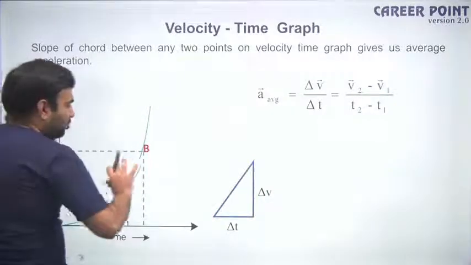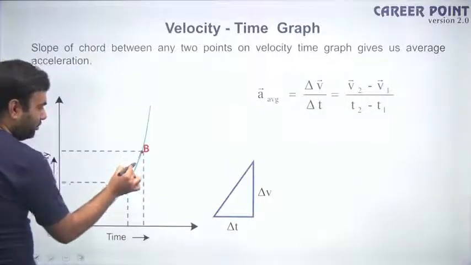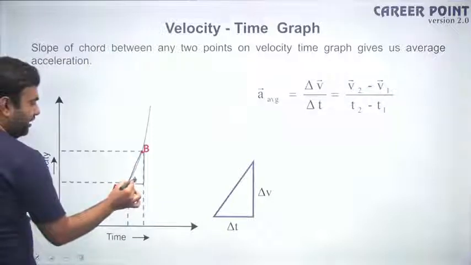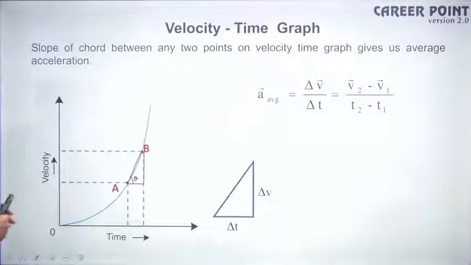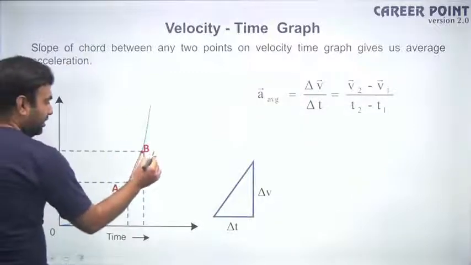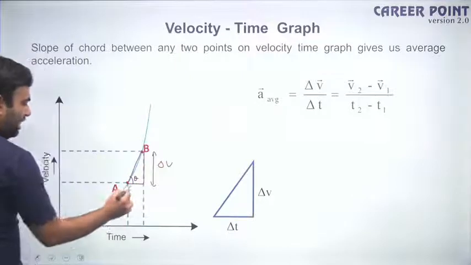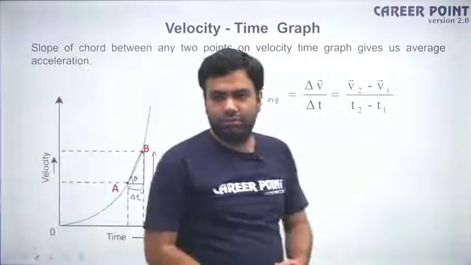If a particle is moving in a straight line and we have a velocity-time graph between points A and B, then if I join A and B and make this triangle, this length will be the change in velocity, and this length will be the time taken to change this velocity.